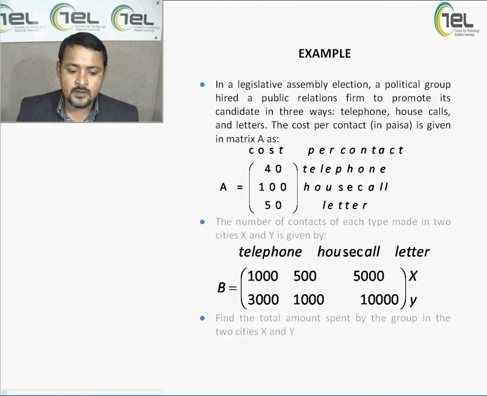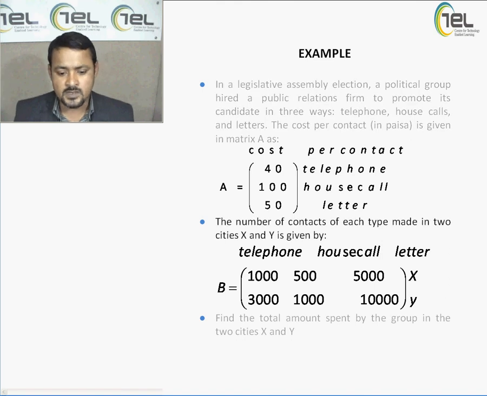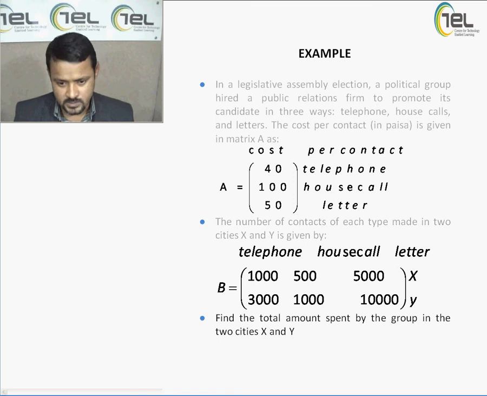The number of contacts made by the firm is given as follows. For 2 cities X and Y: 1,000, 500, and 5,000 for X, and 3,000, 1,000, and 10,000 for Y. We have to find the total amount spent by the group in both the cities.